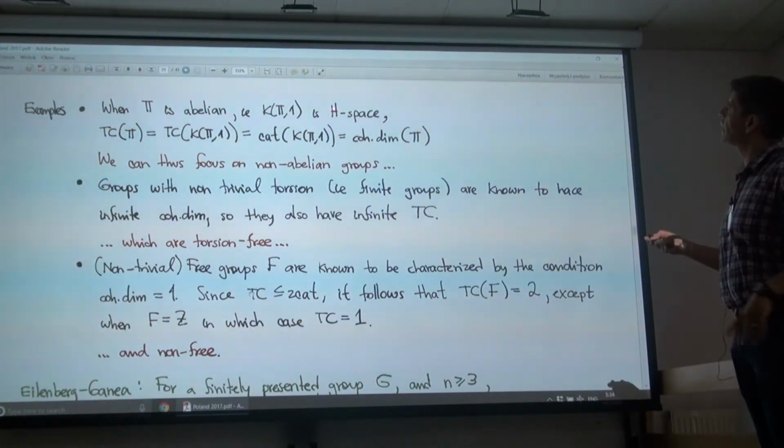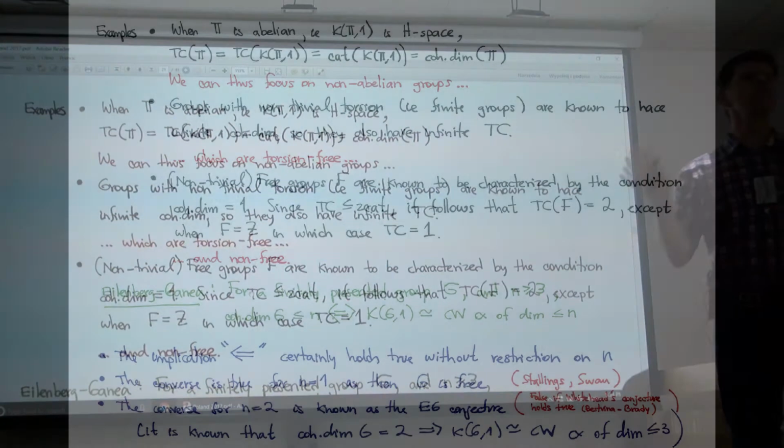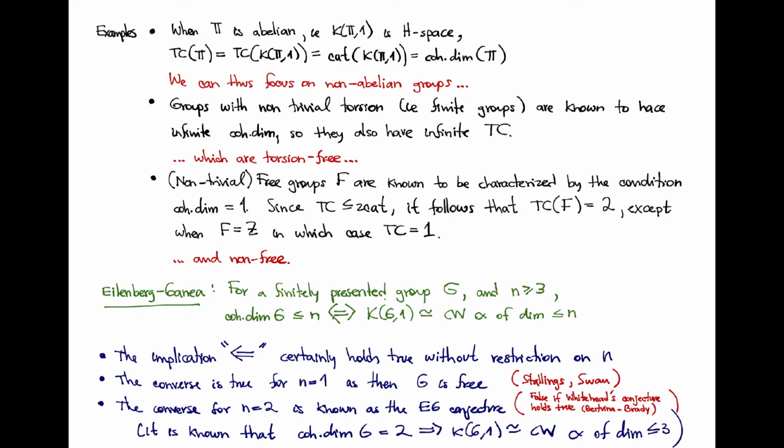So, well, we can just avoid abelian groups. Those are not interesting, well, not so interesting from the point of view of TC.